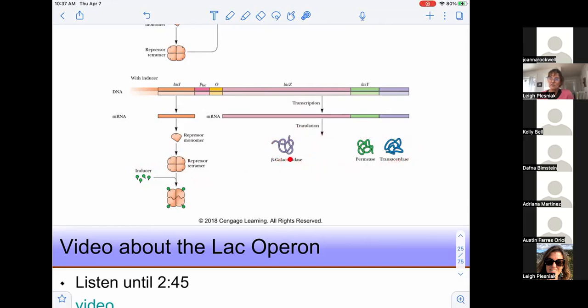If we have lactose in the cell, we need these to be made so that lactose can be utilized. This naturally occurring allolactose has a binding affinity for the repressor. When the repressor is bound to allolactose, it no longer binds to the operator. And when the operator is not occupied by the tetramer, RNA polymerase can now bind and transcription can start.